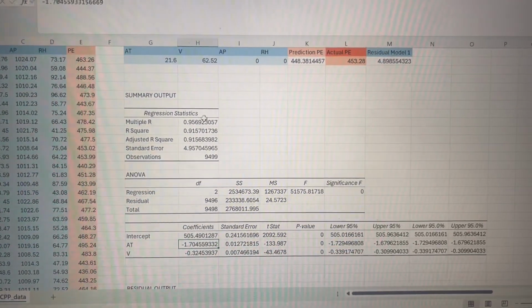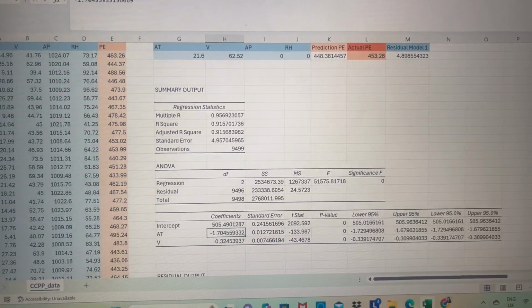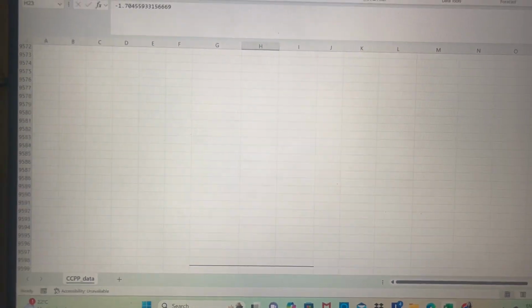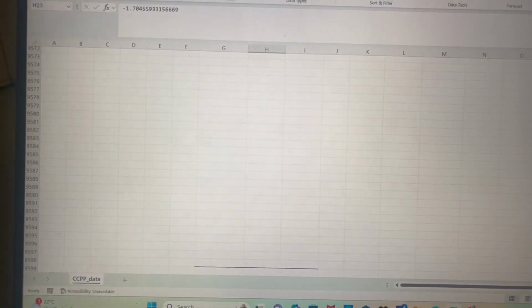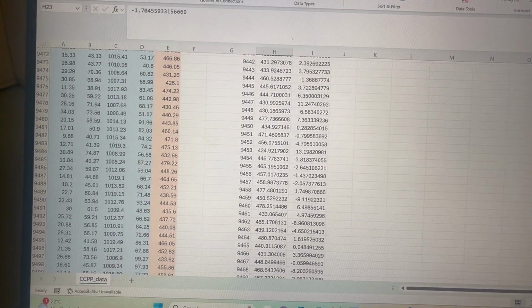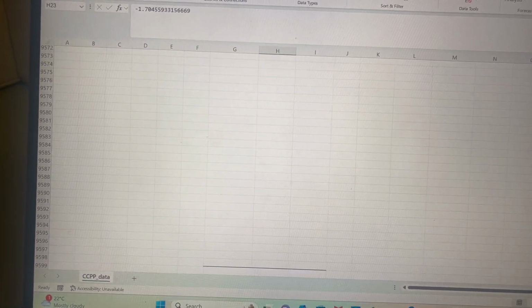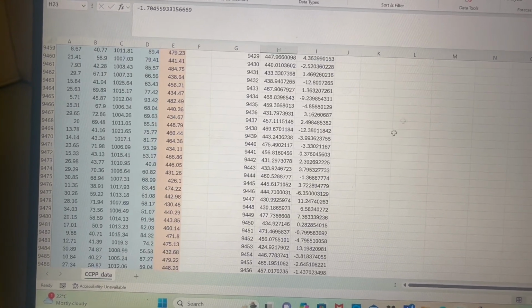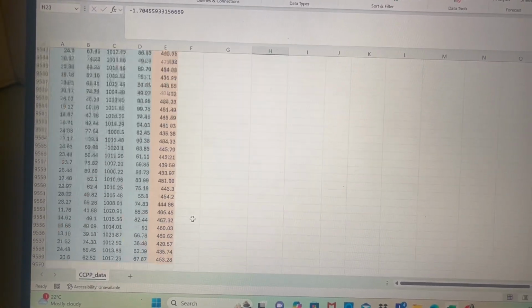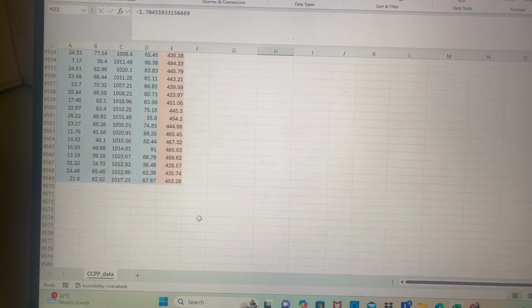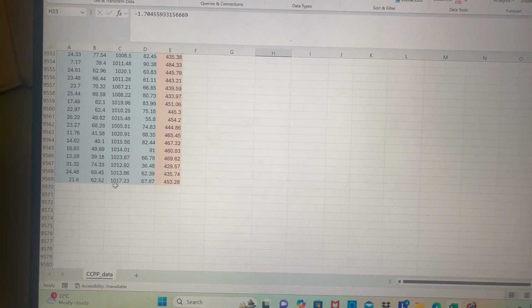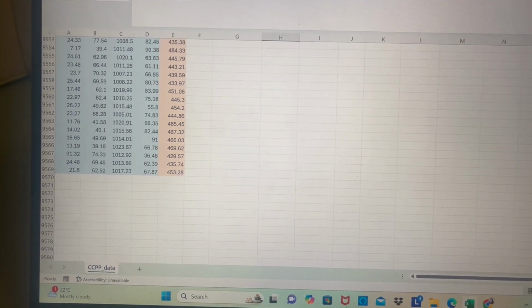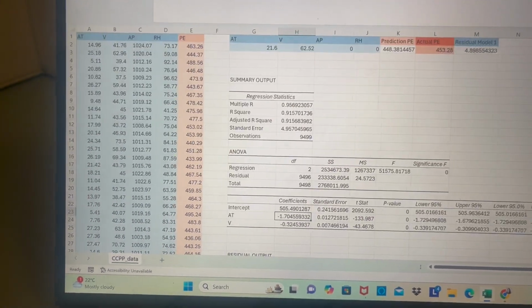And now, if I go all the way down, I have my last observation. So I took this last observation and have pasted it in here.